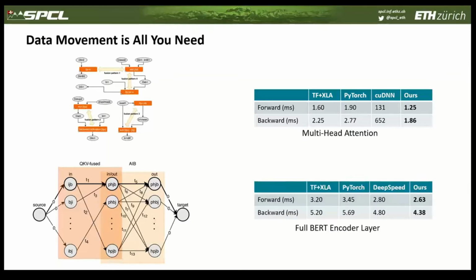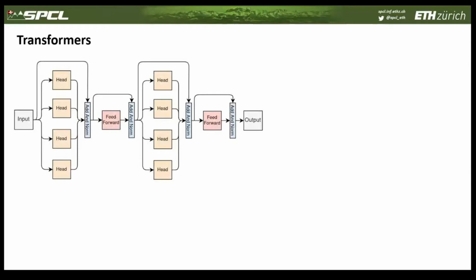This has proven to be very useful in terms of optimizations. We're talking now faster than what XLA or PyTorch can produce, but also faster than DeepSpeed, which was manually engineered for a specific type of transformer, which is BERT. So in the end, it seems like the path forward is not just doing local optimizations, but also global optimizations.